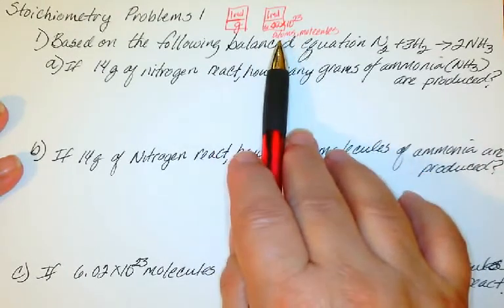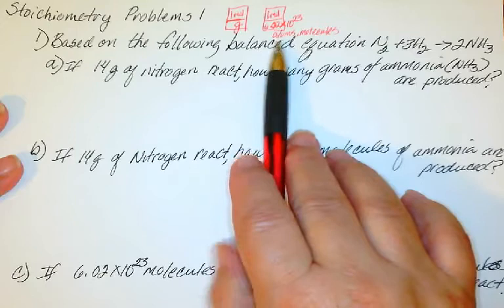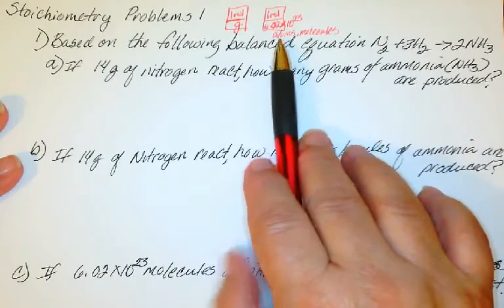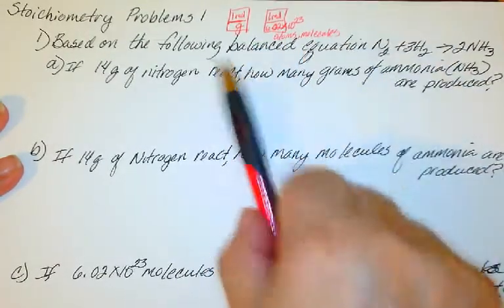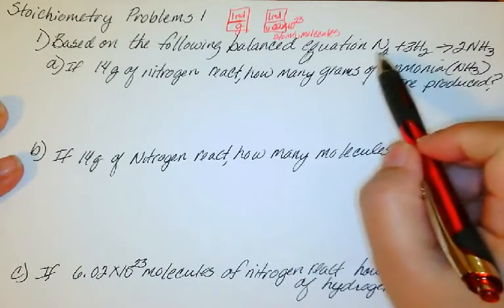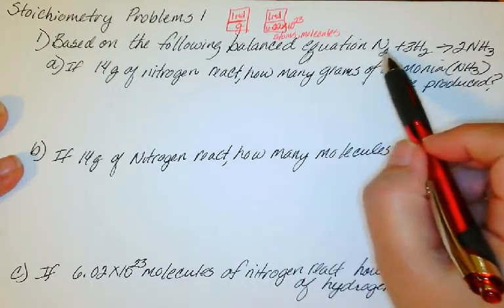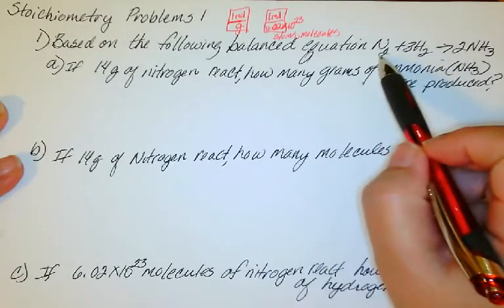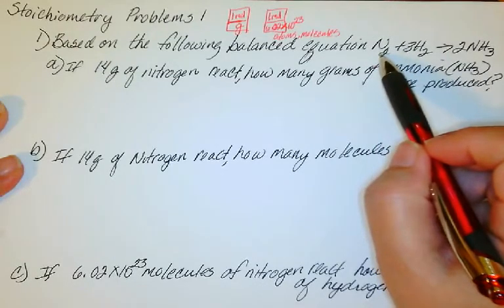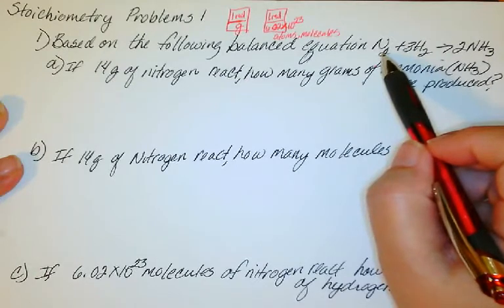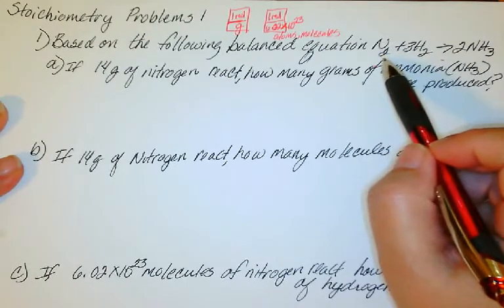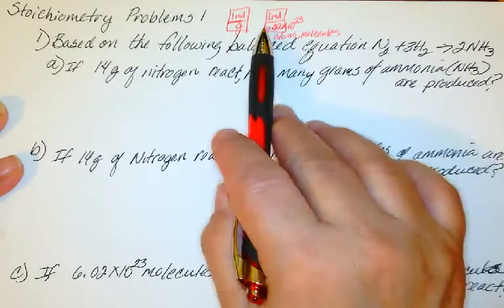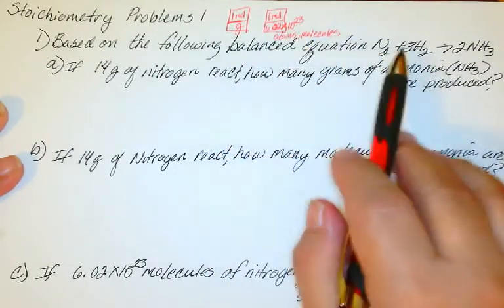So if I'm going to use this for atoms, it is not the exact same thing as using it for molecules. All right, if I look at this formula right here, this has 1 molecule of N2. So if I wanted to know how many molecules were in 1 mole of N2, 1 mole has 6.02 times 10 to the 23rd.